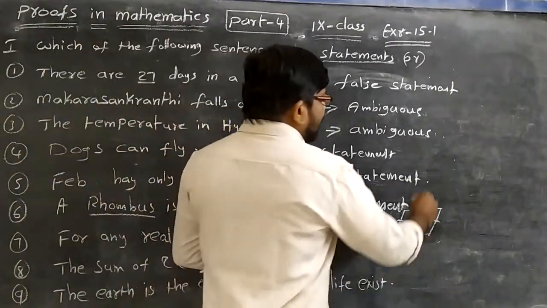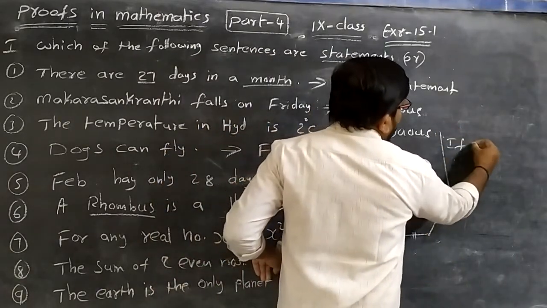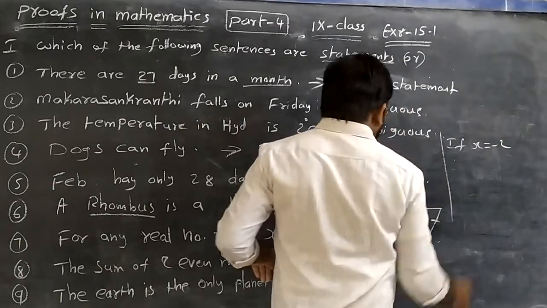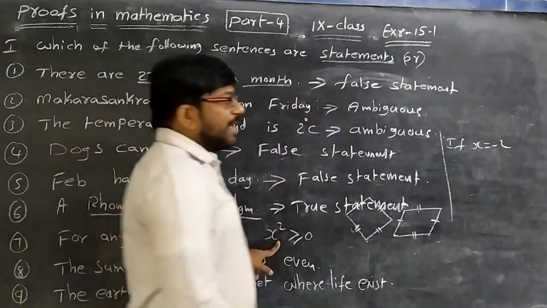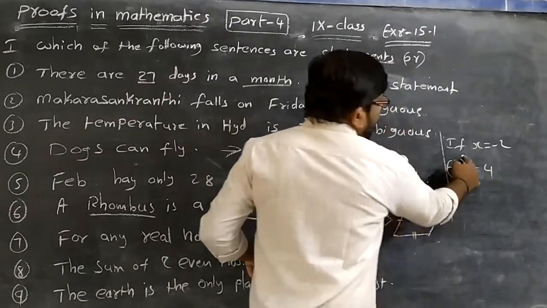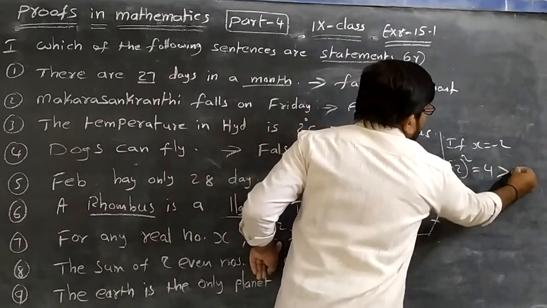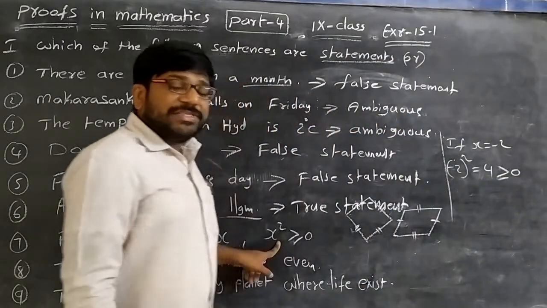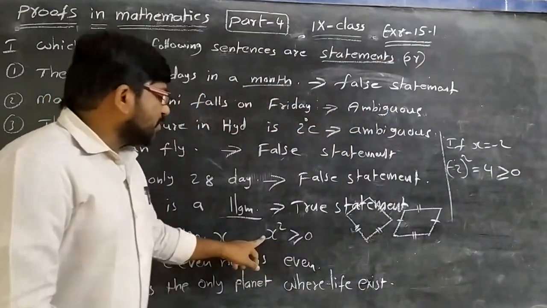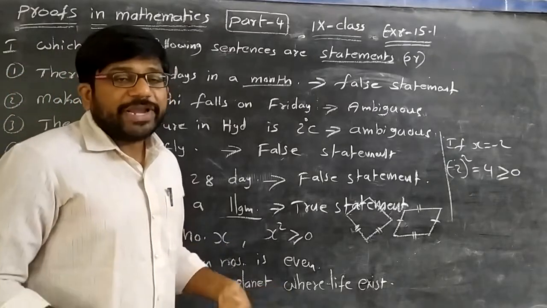Yes. Let's take an example. If x equals minus 2, then x square is minus 2 whole square, that is 4. Minus square plus 2 square is 4. 4 is always greater than or equal to 0. So the square of any number is positive, right?